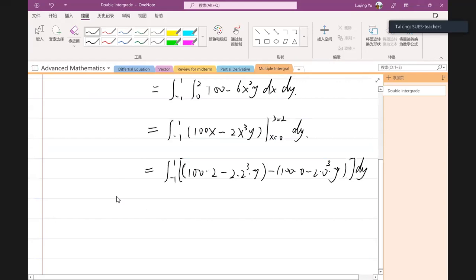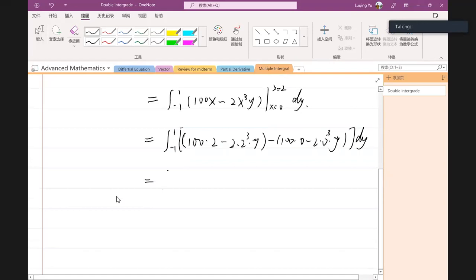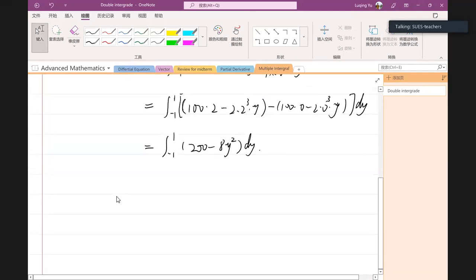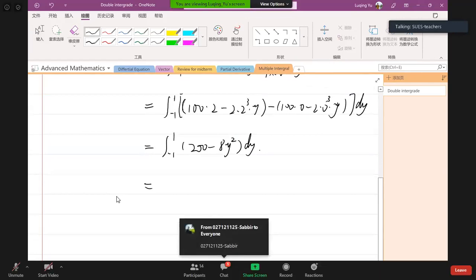Okay, so this thing equals 200 minus 8y squared, dy. So what we do is integrate.